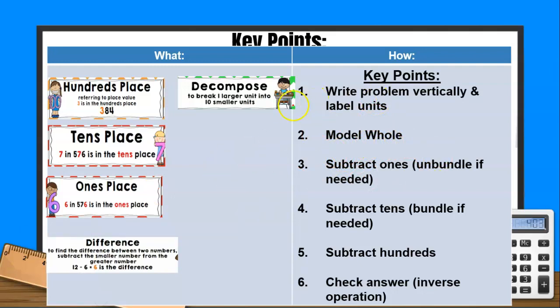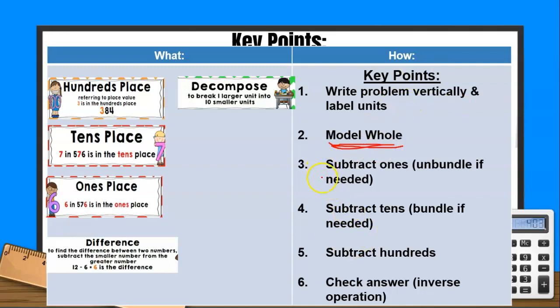So remember, when we are subtracting a number, we have 2 parts and a whole. So here are the steps we follow. First, we write the problem vertically. We do the same thing that we've been doing. Then, key point number 2 is model the whole. Model the whole is the bigger, the greater number.